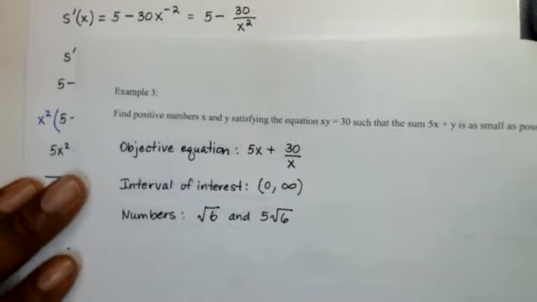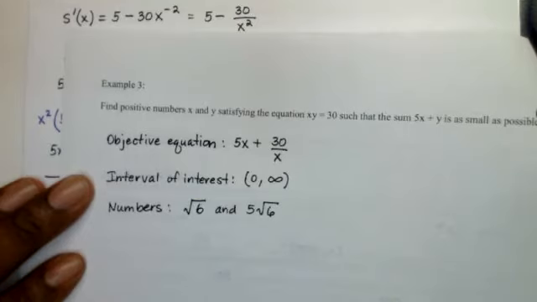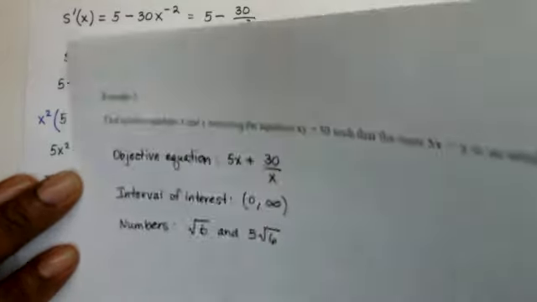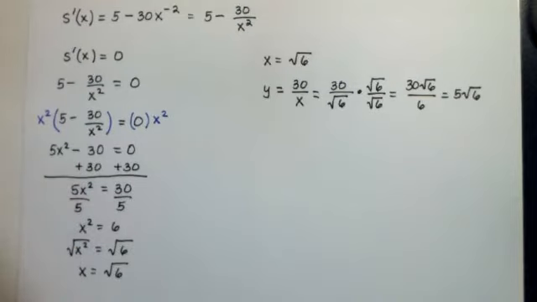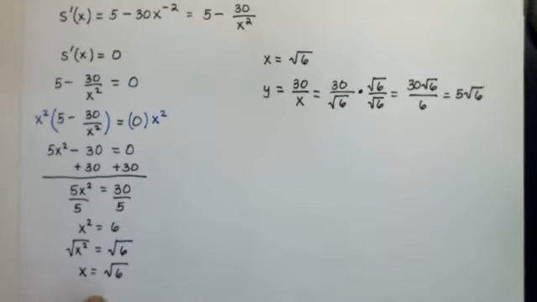All right, those are the positive numbers where x times y does give me 30, and the sum of 5x plus y is as small as possible. Okay. And while I'm at it, feel free to pause the video if I'm going too fast for you with these problems and you need to write this down, just feel free to pause.